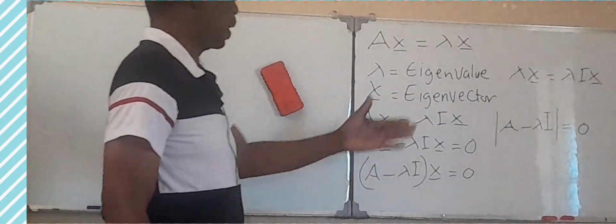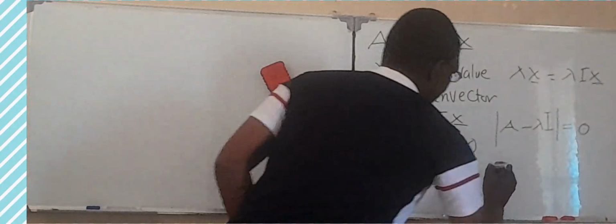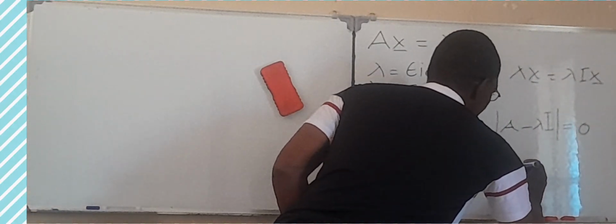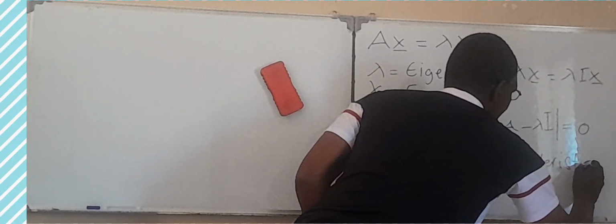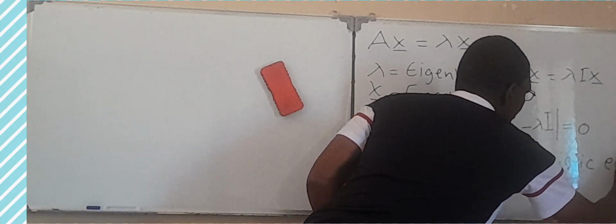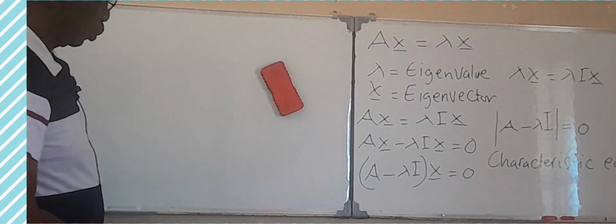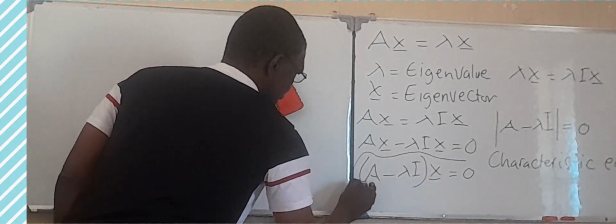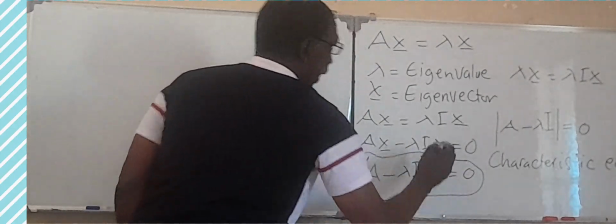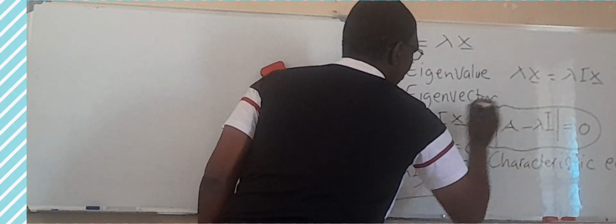This equation we have written here is called the characteristic equation of matrix A. So it's the characteristic equation for our matrix A. Now, we have two important things here. Let's remember this here, and let's remember our characteristic equation.